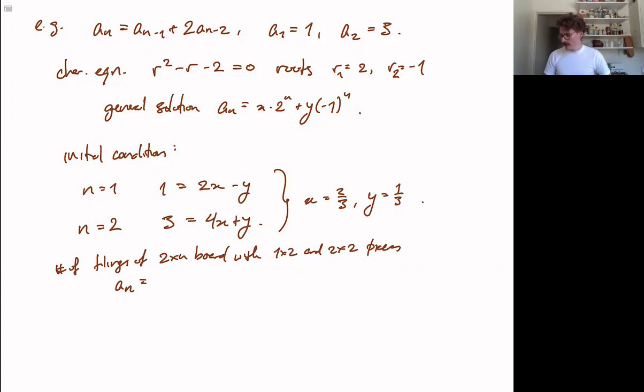The number of tilings in this way, we don't just have a recurrence relation, we have an actual exact formula. It is 2/3 times 2 to the n plus 1/3 times (-1) to the n. How nice.